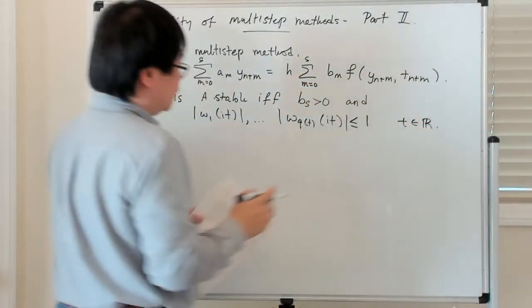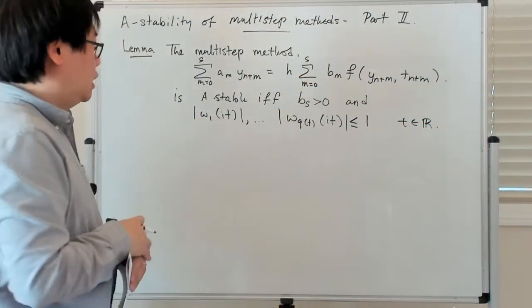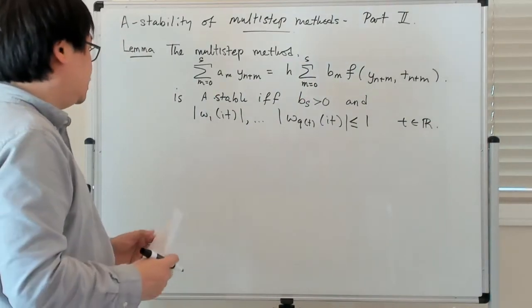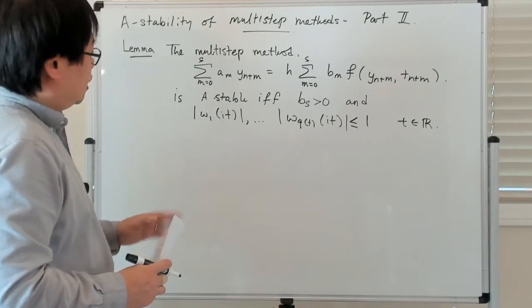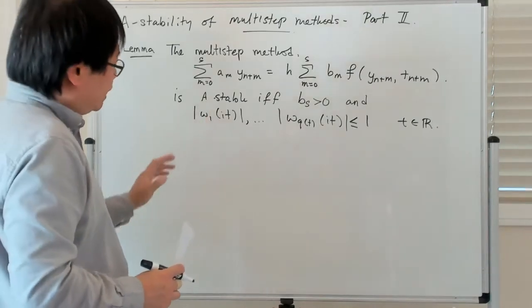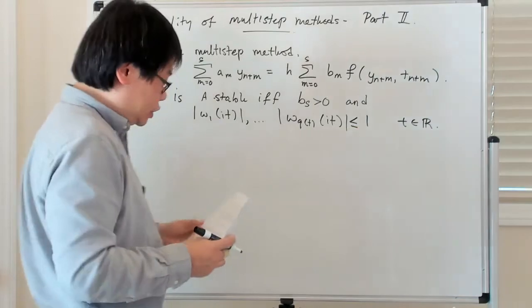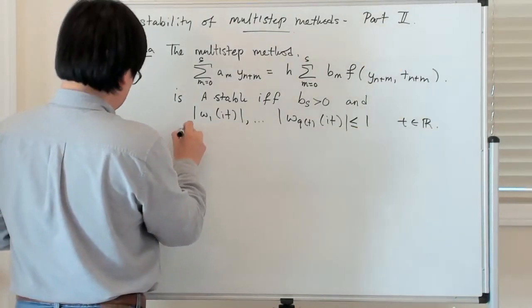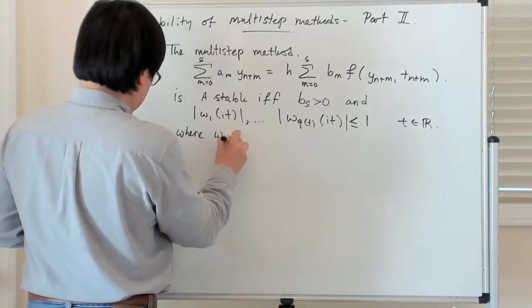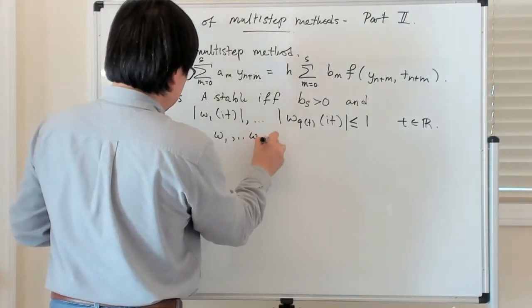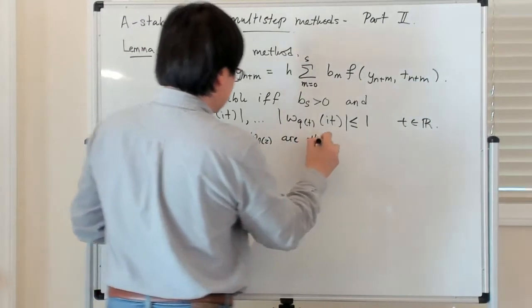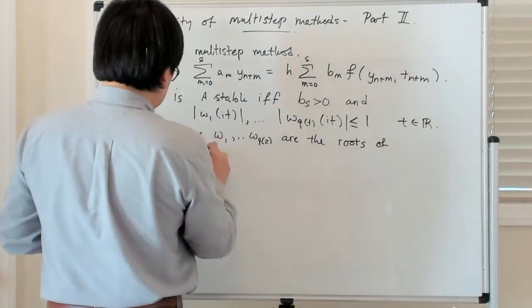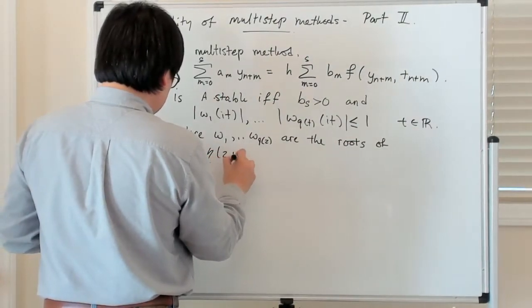So instead of checking a condition on the modulus of the roots of the characteristic polynomial on the entire left half plane, you just have to check it on the imaginary axis, where w_1 to w_q are the roots of this characteristic polynomial.